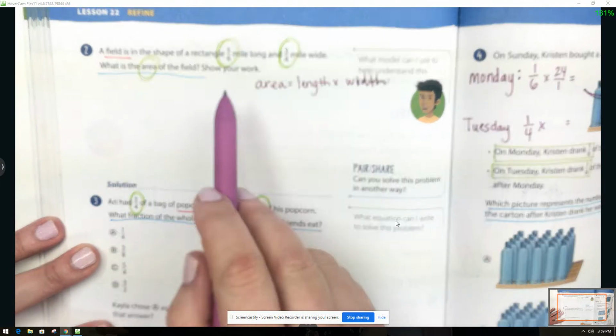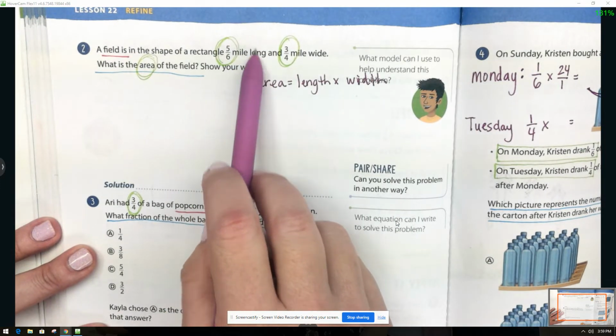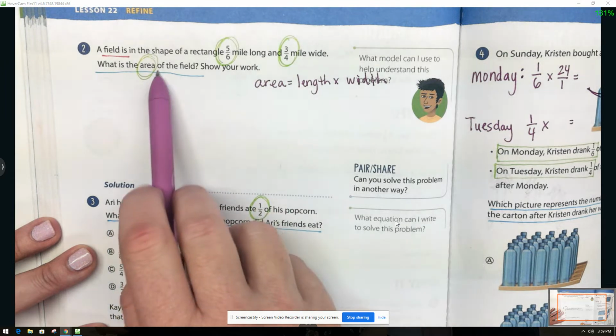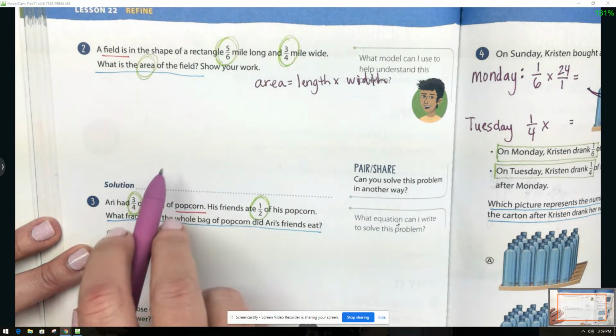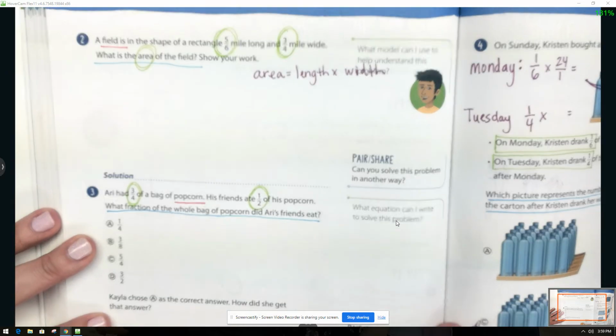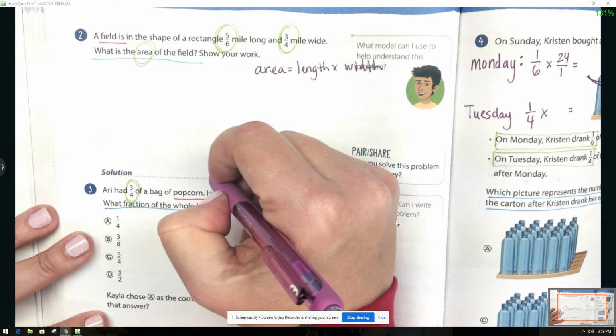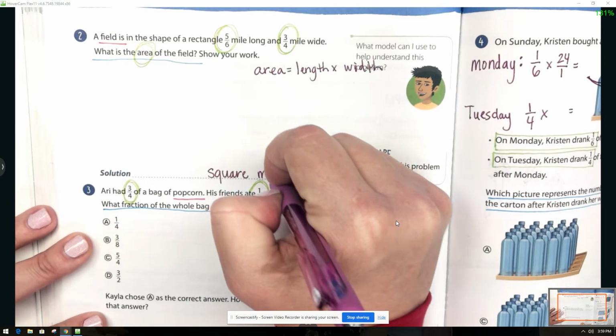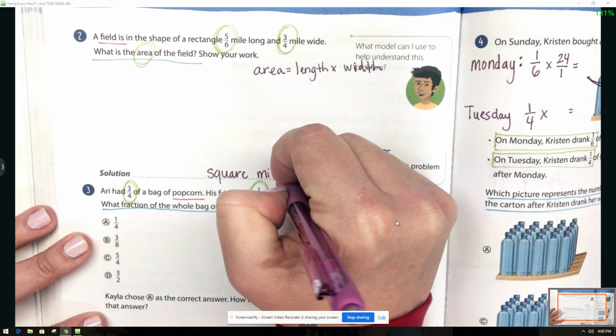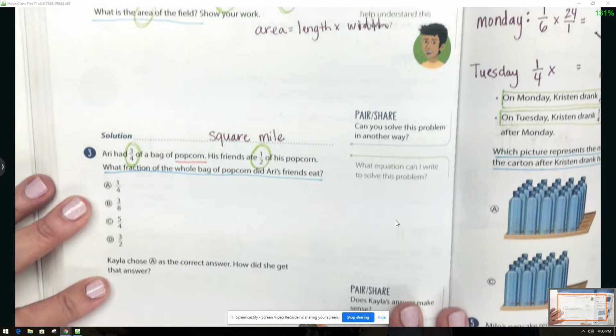So remember that you need to multiply the length times the width to find the area of the field, and then write your solution on the line. And remember, it's going to be in square miles, or a square of a square mile.